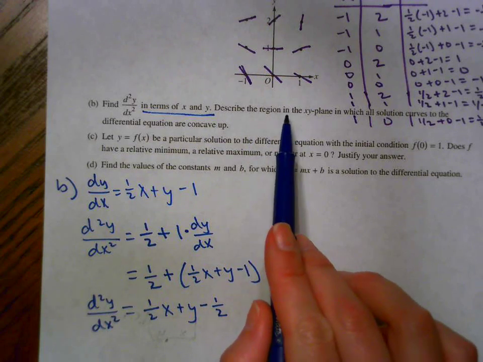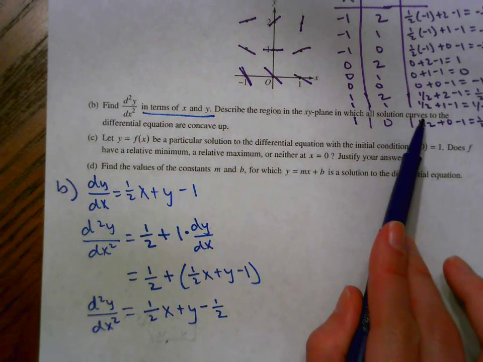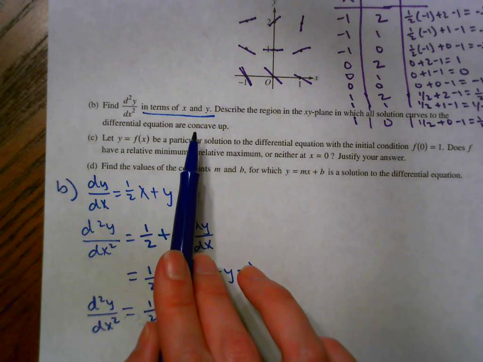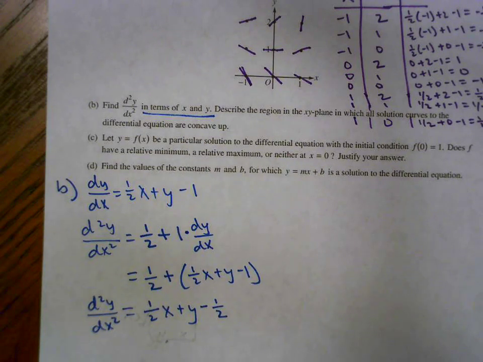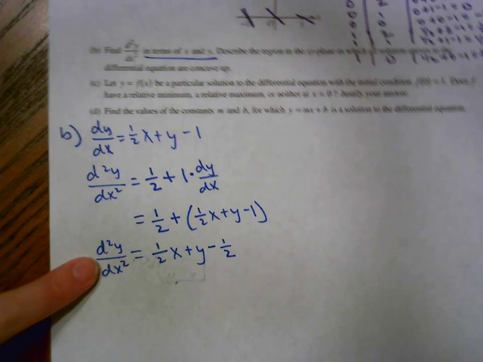And now it says describe the region in the plane in which all solution curves, where the original function, is concave up. So how do we know when it's concave up? When the second derivative is positive.